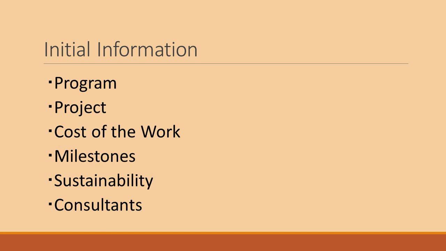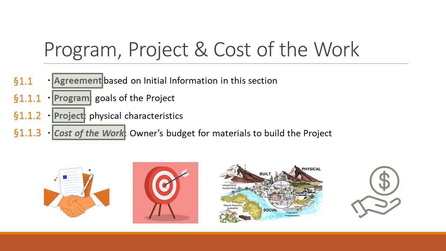So, without further ado, like I said, I'm just going to go through the provisions. Now, you'll see a couple of things on this page. I want you to understand both contract drafting and how these slides are set up. If you take a look at the very first one, it says this agreement is based on the initial information set forth in this Section 1. You can notice that Agreement and Initial Information are capitalized.